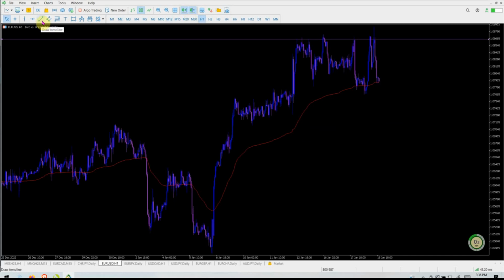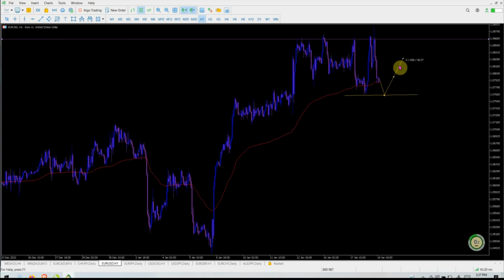But there is kind of a structure right here. So unless we break this structure, I wouldn't say that we're in a bear market on the euro dollar now. I mean, we might just come down and hit this and then bounce back higher again.